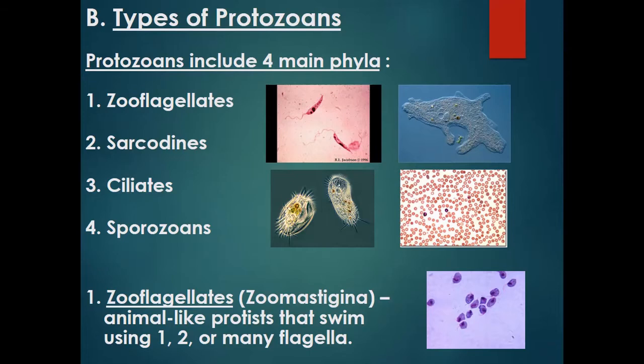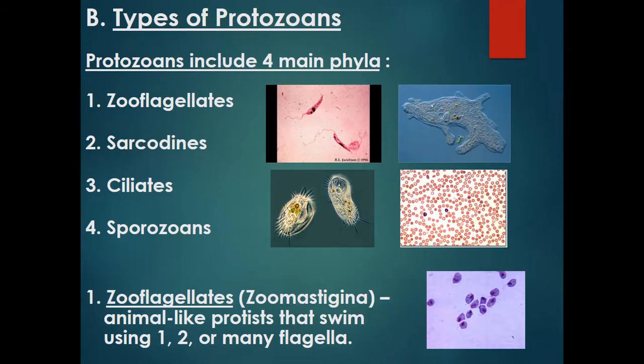So we have the Sarcodina or Sarcodines, the group of amoeboid protozoans. We have the ciliates. Like the zooflagellates, the primary locomotory organ for ciliates, or the group Ciliata in other references, is the cilia.